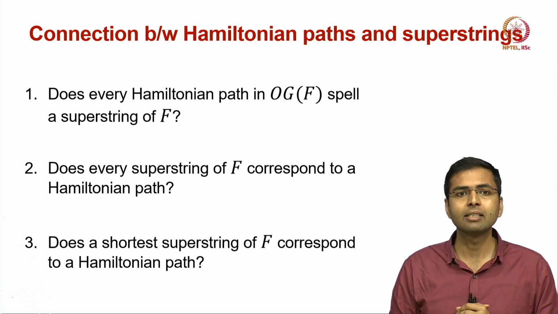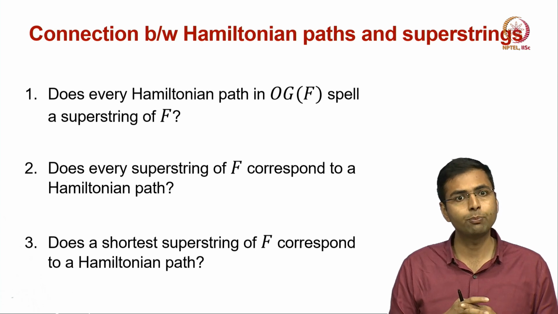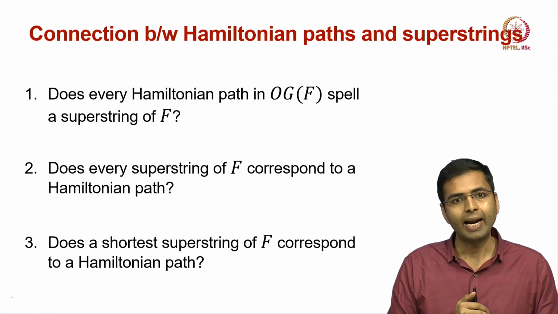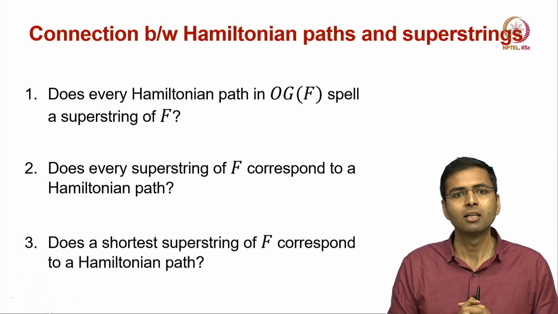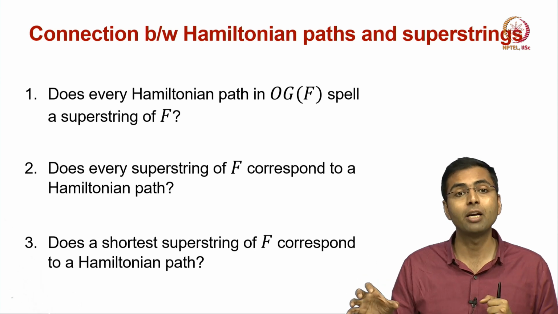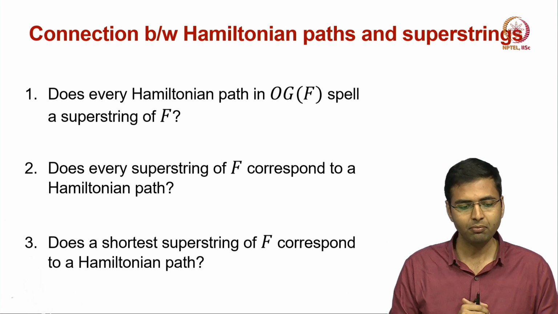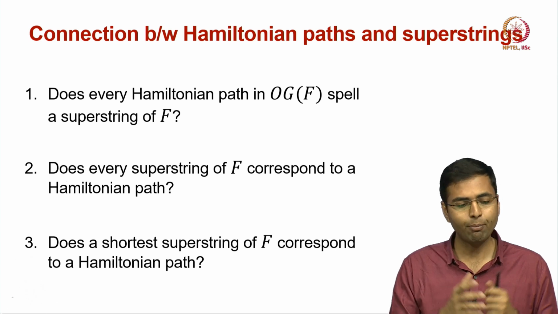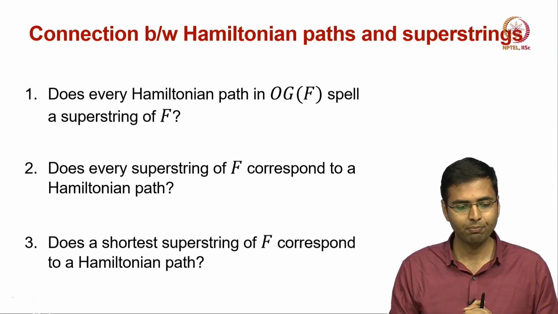The second question is, does every superstring of F correspond to some Hamiltonian path in the graph? And the third question is, does a shortest superstring of F correspond to a Hamiltonian path in the graph? Maybe at this point you can pause this video and think about all these questions yourself first.